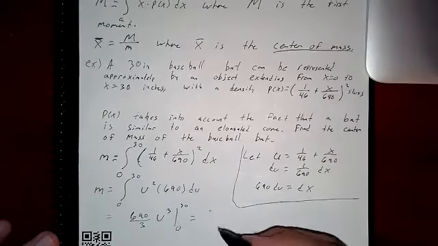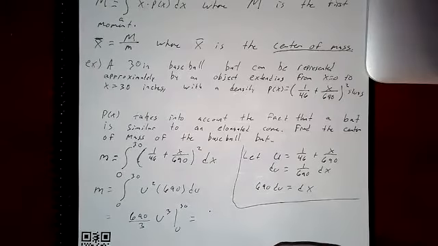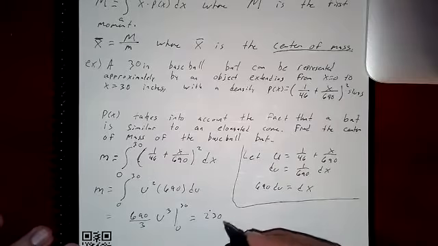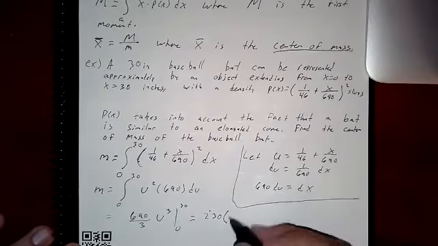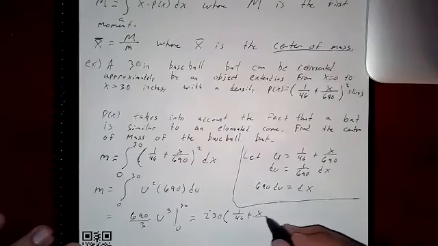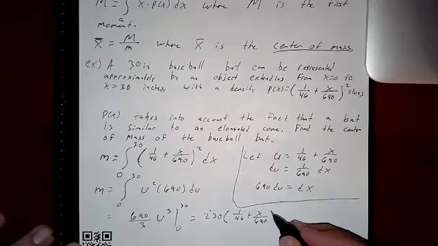First of all, can I divide 690 by 3? Yeah. That'll be 230 times the original function, (1 over 46 plus x over 690) cubed, right?